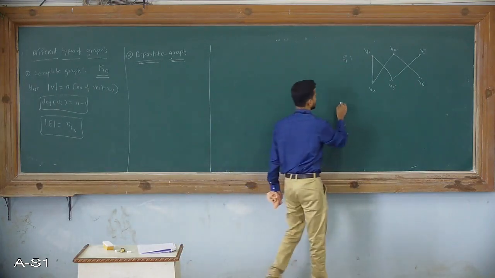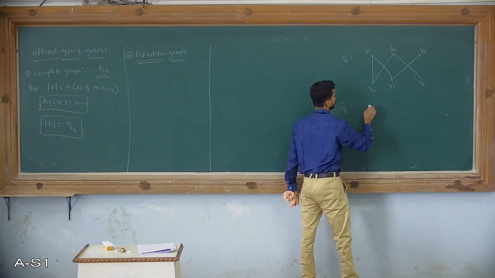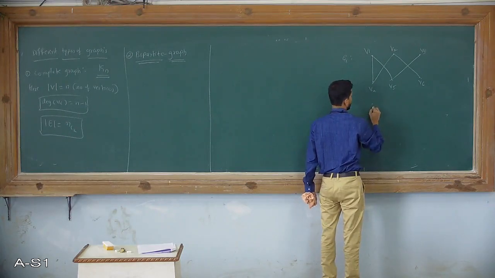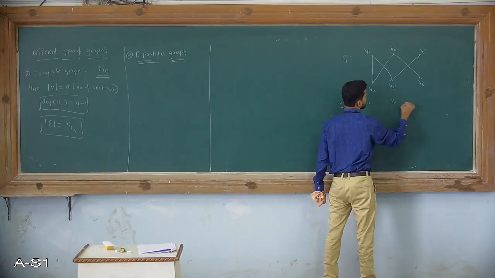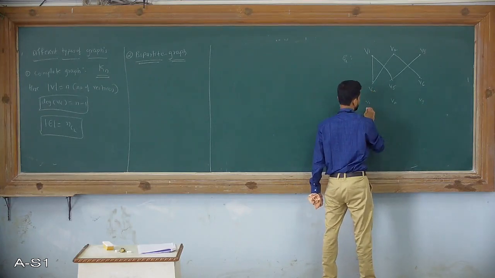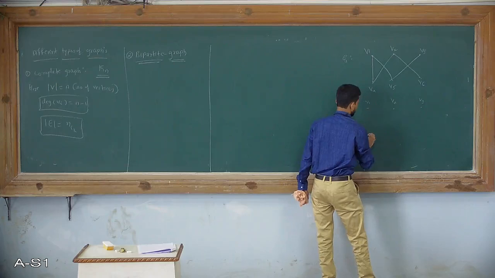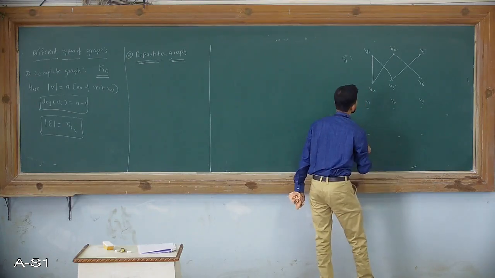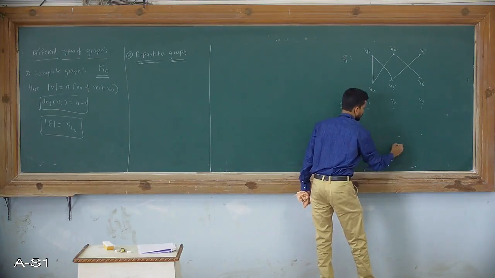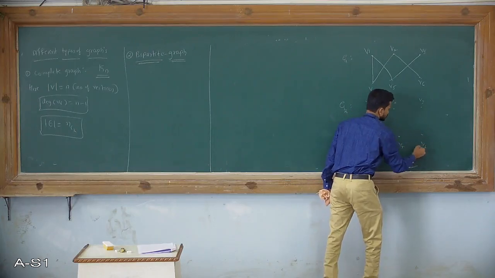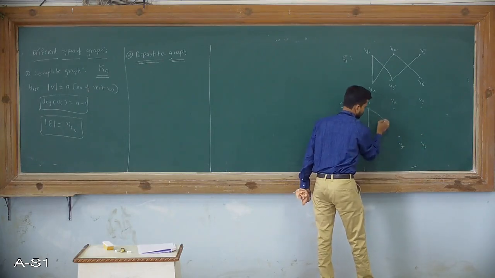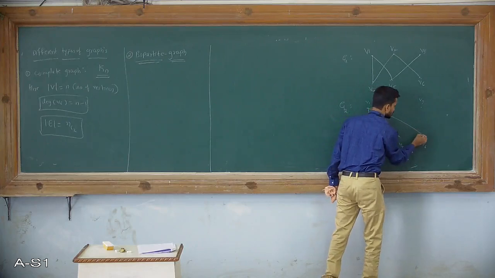I will consider one more graph, G2, with V1, V2 and V3 on one side, and V4, V5 and V6 on the other. So this is also a bipartite graph.